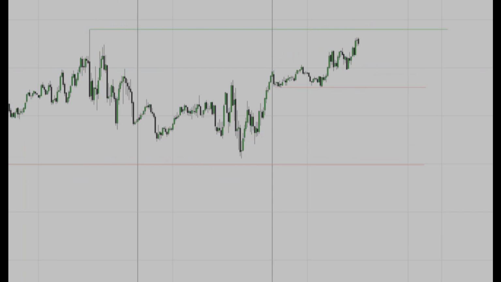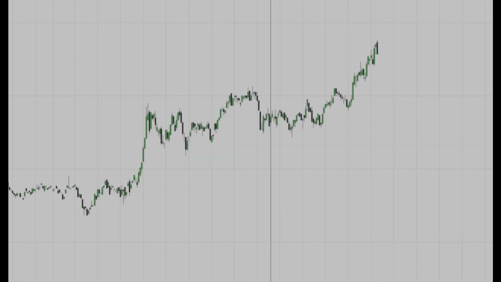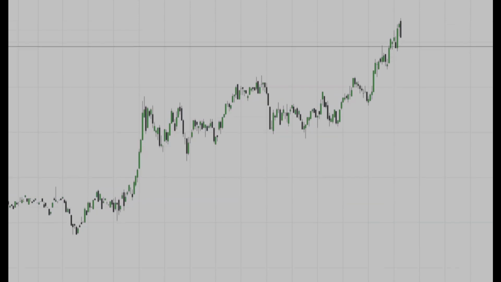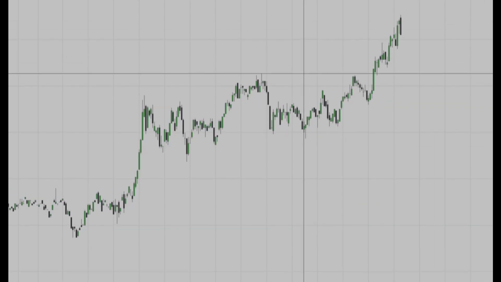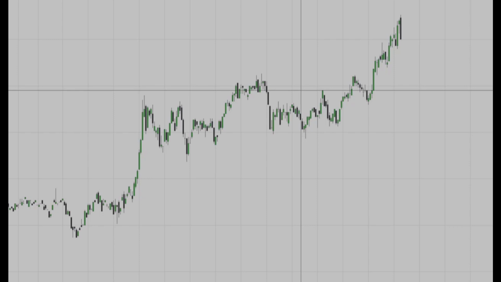But as you may or may not have noticed in my last video, I have the mini Dow up here. I use one type of indicator, I guess you could call it, and that would be the SMT divergence.